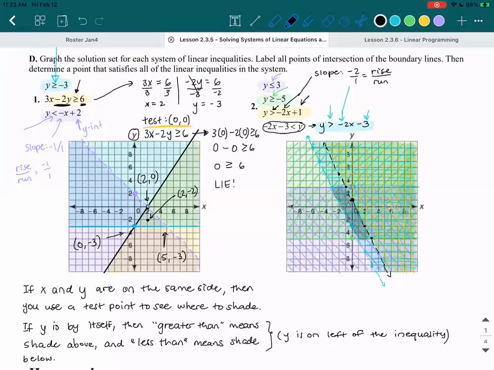So we're going to label all points of intersection of the boundary lines. I see a point right here, that is (-3, 3). I see a point over here, that is (-1, 1), 2, 3. I see a point over here, that is (1, -3).